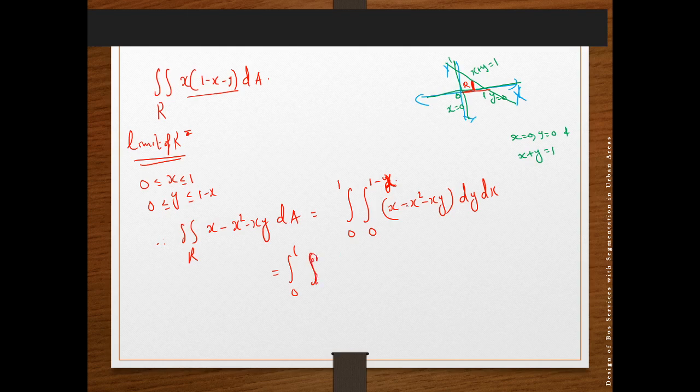If I integrate, I get xy minus x square y minus x y square by 2, from 0 to 1 minus x.